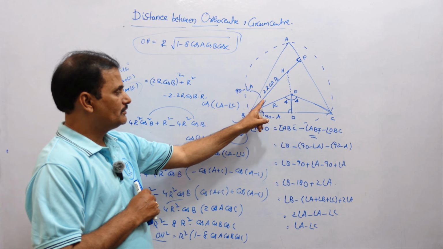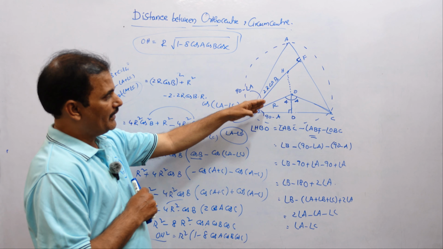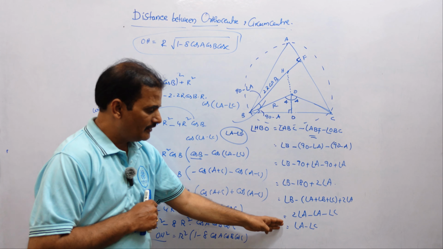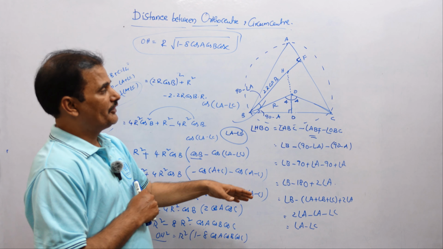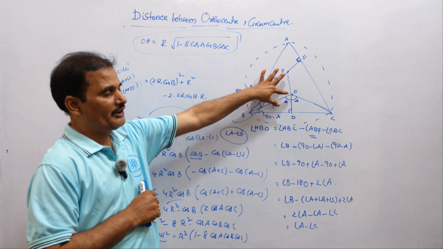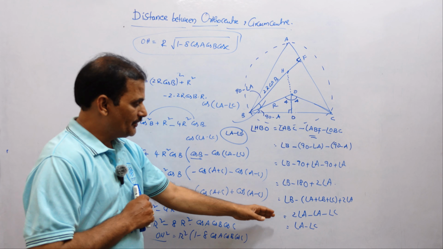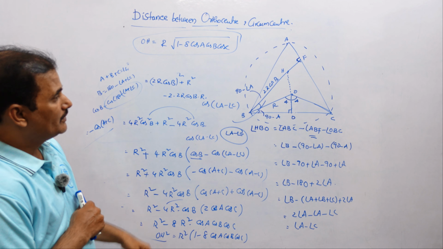We have to find this angle in a different way, like 90 minus A, and so on. We must find this angle, because to apply the cosine rule for the distance, this angle is a must. After this angle, we can easily find the distance.